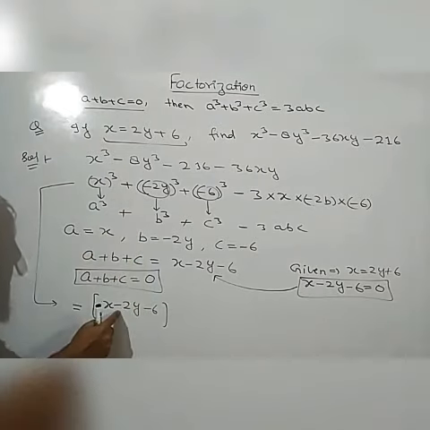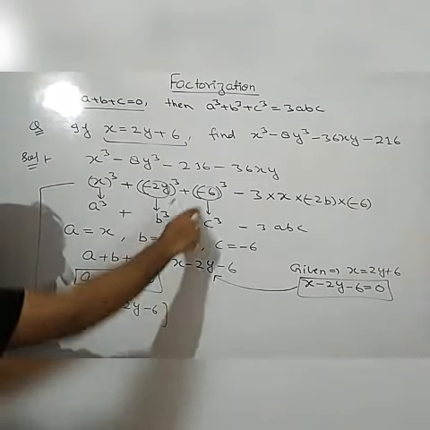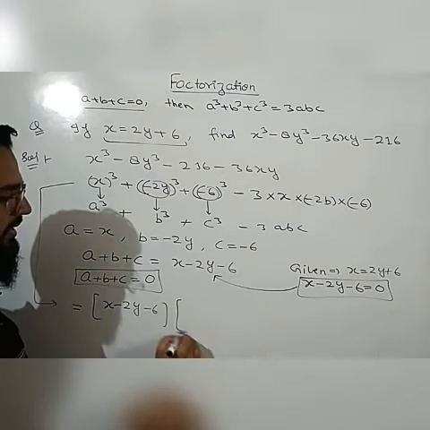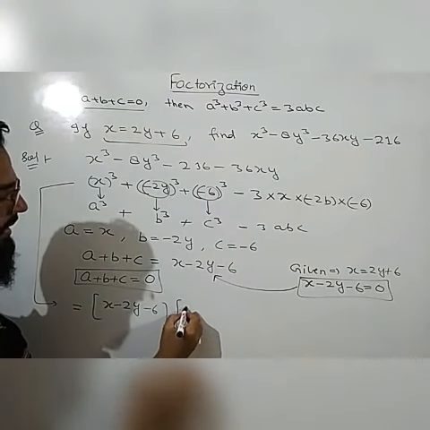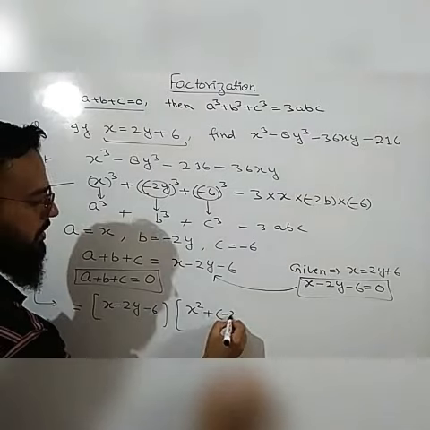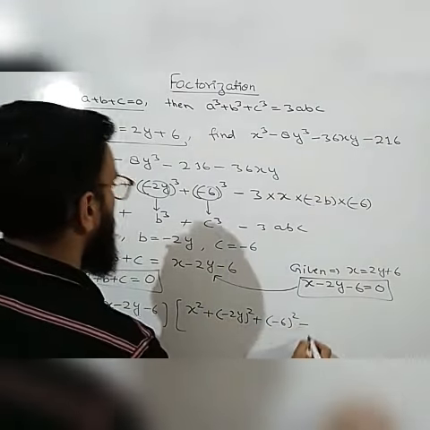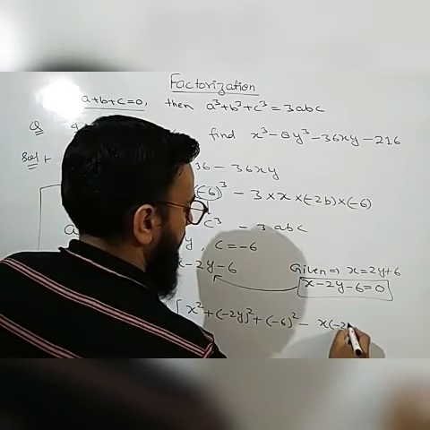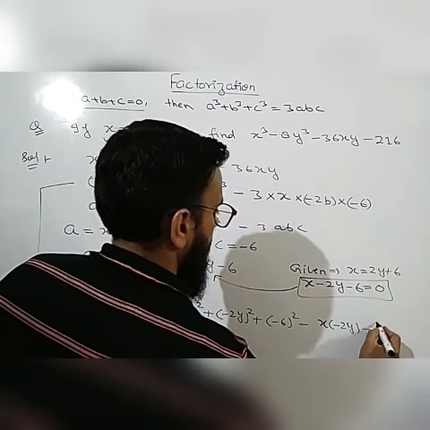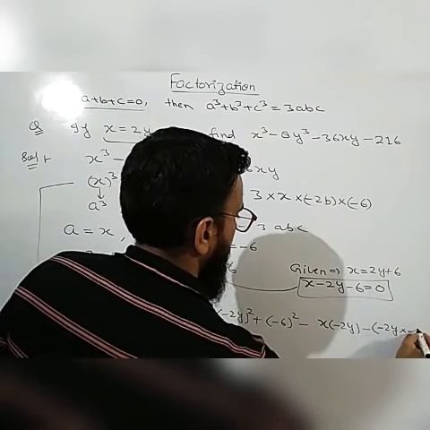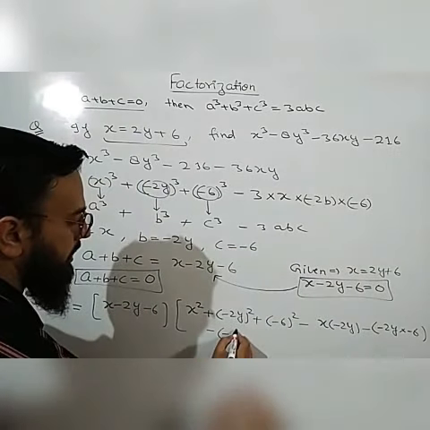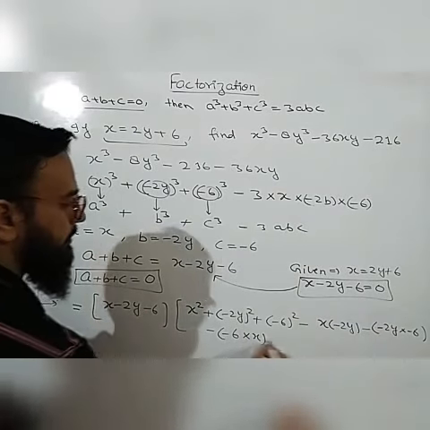Then in the second bracket we will get a square plus b square plus c square minus ab, that is x into minus 2y, minus bc, that is minus 2y into minus 6, minus ca, that will be minus 6 into x.